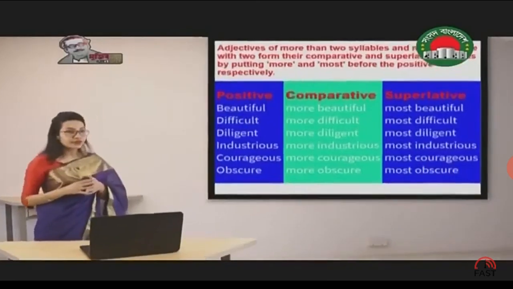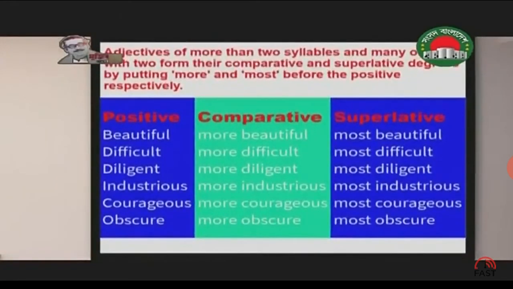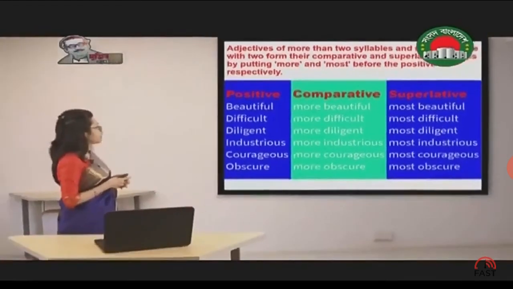Now this is another rule. Adjectives of more than 2 syllables and many of those with 2 form their comparative and superlative degrees by putting more and most before the positive respectively.